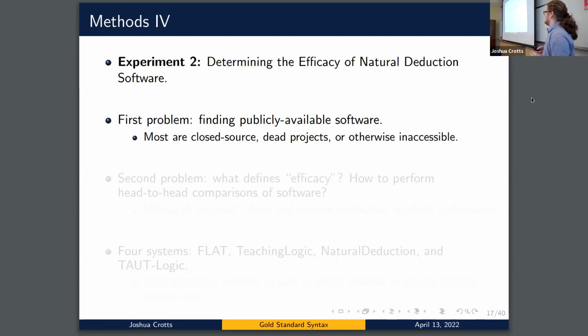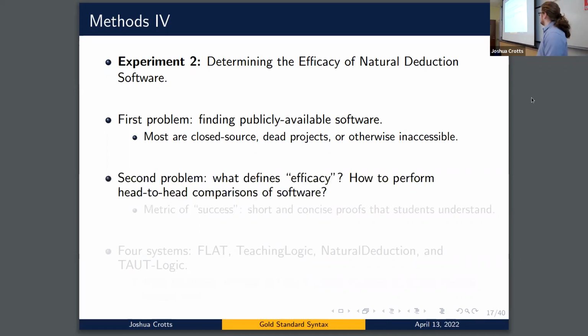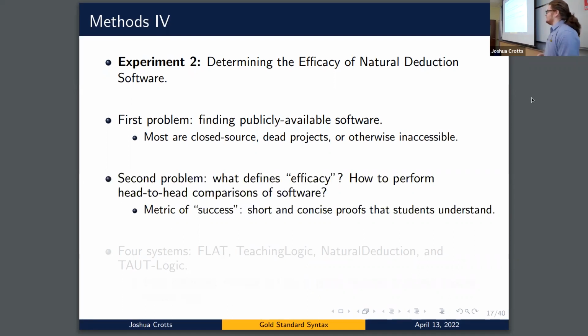You'll find a lot in research groups, but you can't access them because they're closed source, and by closed source, I mean not only can you not access the source code, you also just can't use them. A lot of them are dead projects, so they've been dead for many years, or we just somehow can't access them.